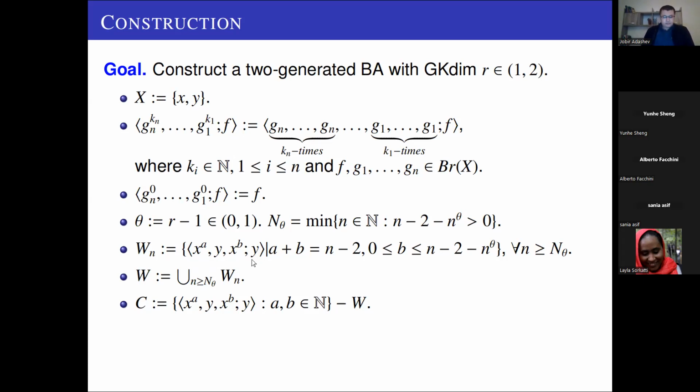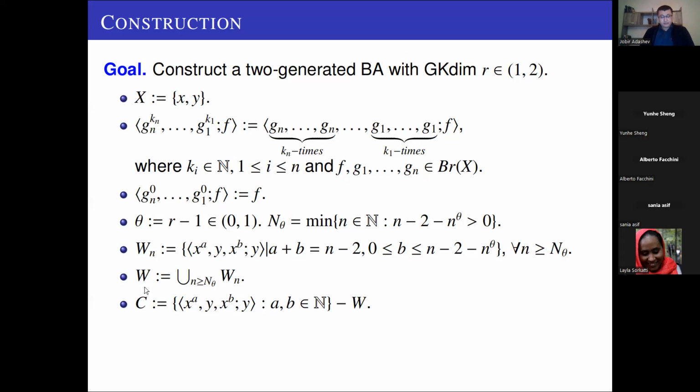So here we have two y's, and n minus 2 x's. That means a plus b is n minus 2. And here we put some restriction on b. b is greater than or equal to 0, and less than or equal to this number.